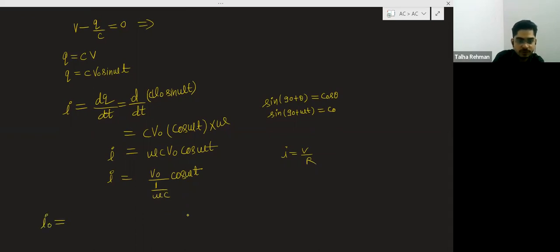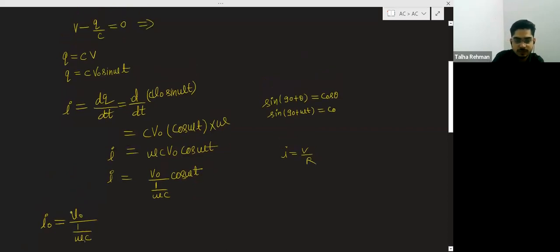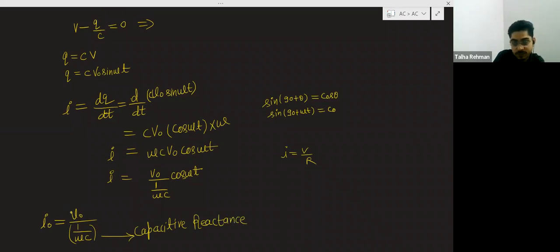I naught will be V naught divided by 1 by omega C, and this 1 by omega C is known as the capacitive reactance. This is represented by Xc. So Xc is 1 by omega C.